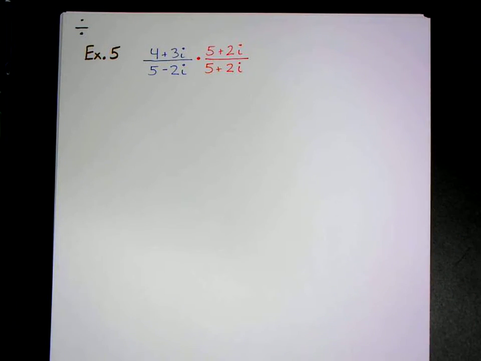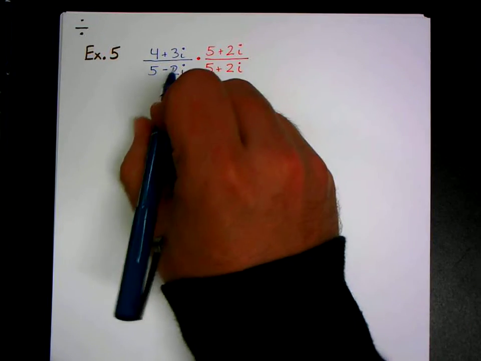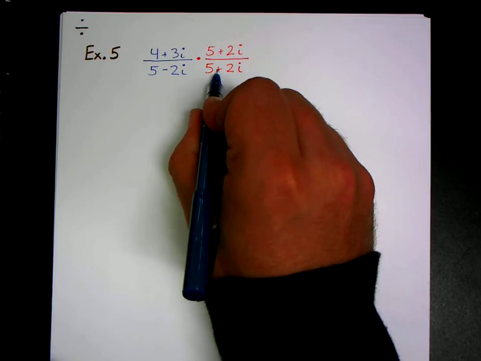So anytime you do division with complex numbers, you're rationalizing the denominator. You multiply by the conjugate of the denominator. So you multiply by the denominator with the opposite sign. Whatever this sign is, you just change it.